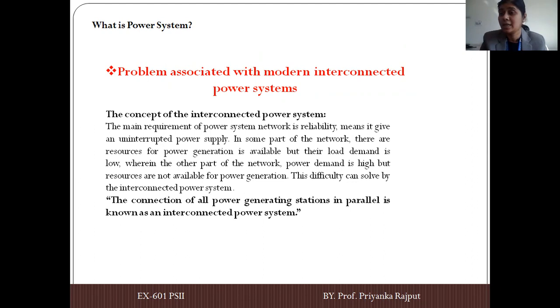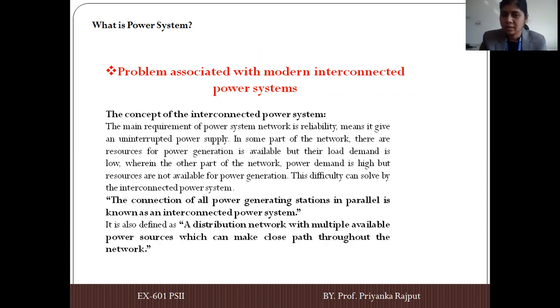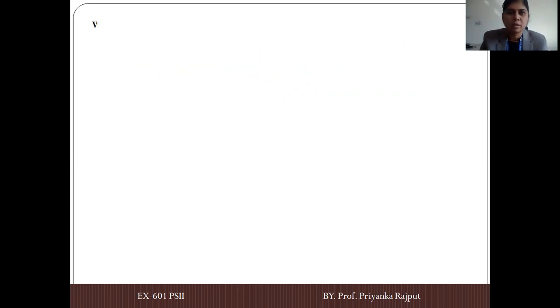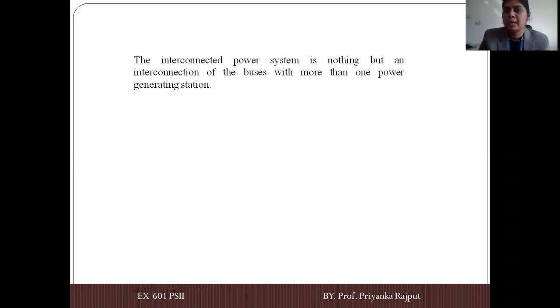So what is the interconnected power system? The connection of all the power generating stations in parallel is known as the interconnected power system. It is also defined as a distribution network with multiple available power sources which can make a closed path throughout the network. The interconnected power system is nothing but an interconnection of buses with more than one power generating station.